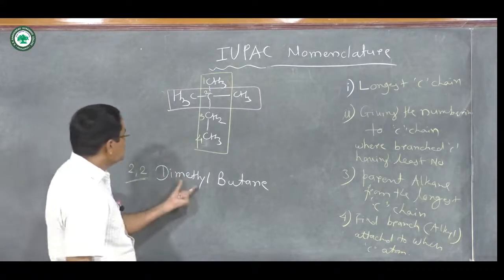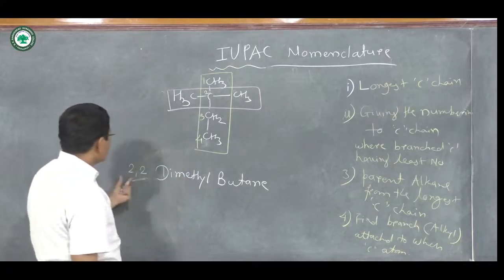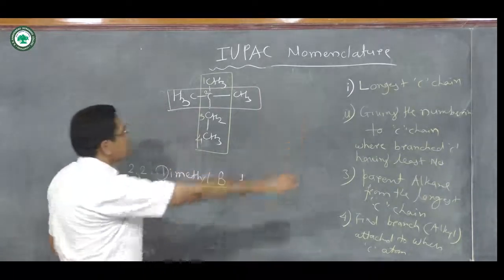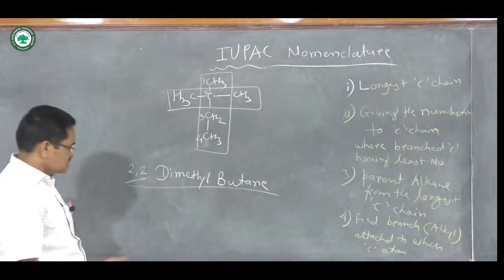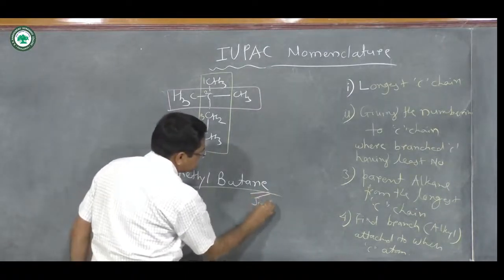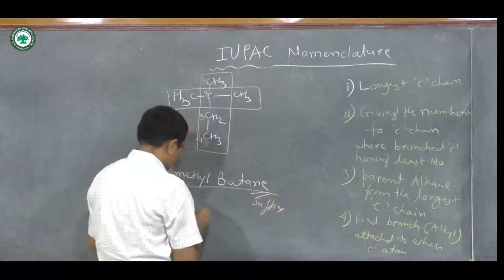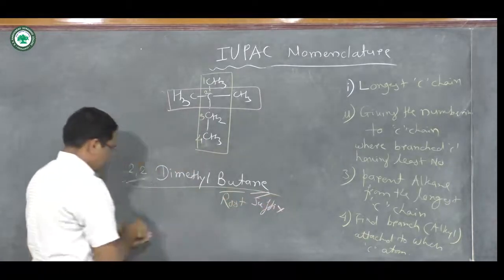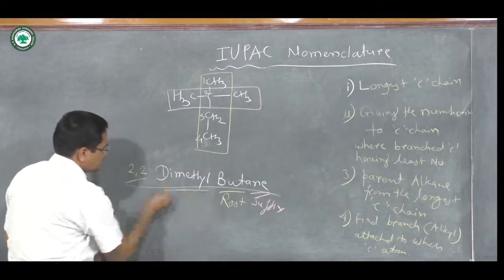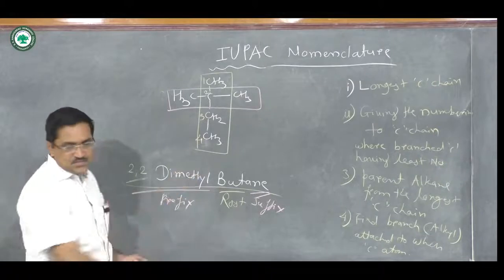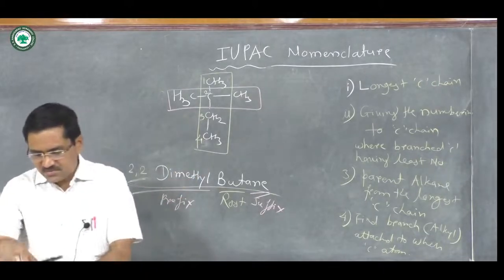Because two methyl groups are attached to the second carbon atom, and hence this is the proper IUPAC nomenclature. Again we will see, this is the suffix, this is the root, and this one is the prefix.